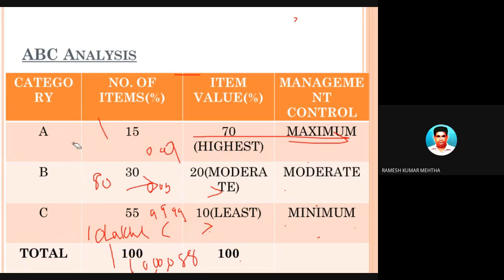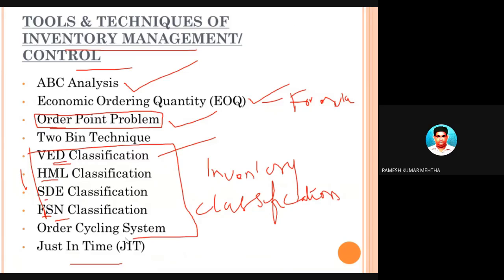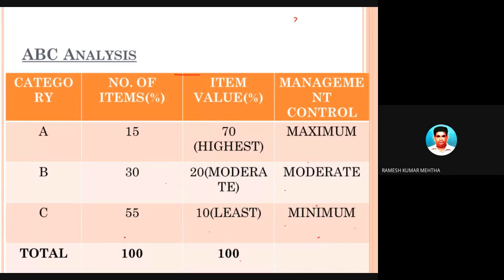So what should a materials manager, purchase manager, or stores manager do? He should not concentrate on these items. Rather, he should put his concentration and cost control over this place, because this is 8 engines and 160 crores, and the total was 161 crores only.